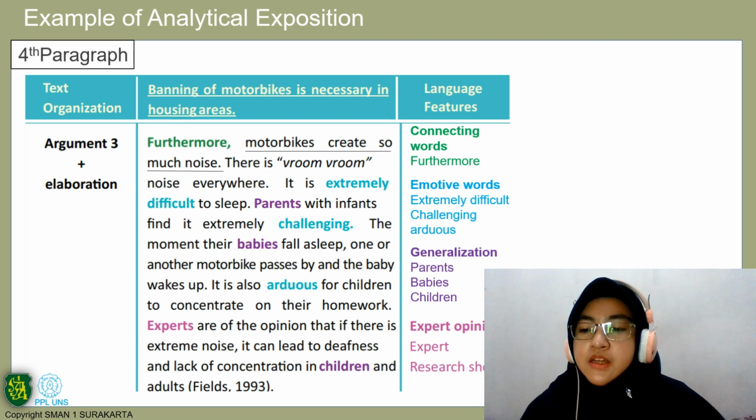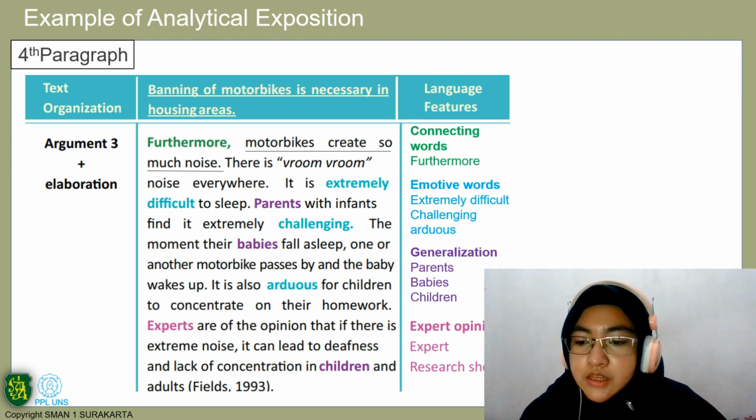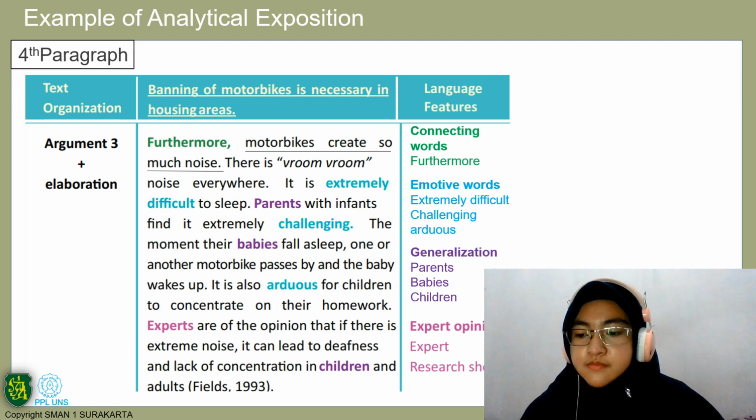Okay, if you look at the language feature, we find furthermore connecting word, and then extremely difficult, challenging, arduous, emotive words, and then generalization, parents, babies, children.